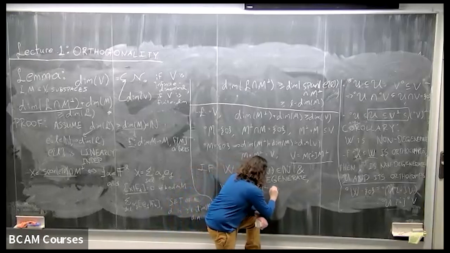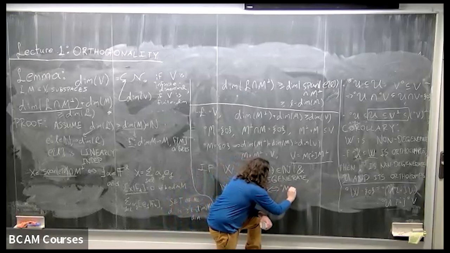So I can decompose this as an orthogonal direct sum if and only if the subspace is non-degenerate.